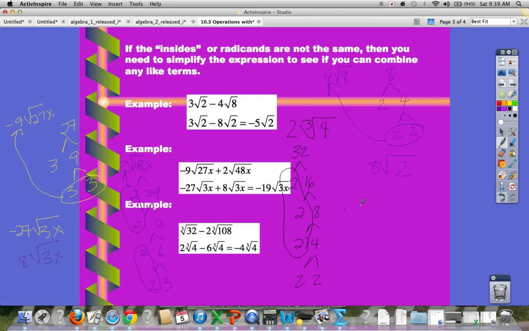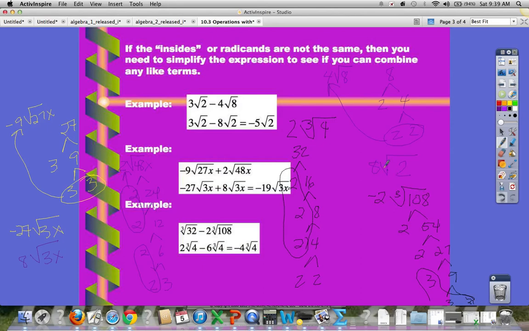All right, let's break down the 108. So that's negative 2 cube roots of 108, which breaks down to 2 and 54, 2 and 27, 3 and 9, and 3 and 3. All right, so we're looking for groups of 3. So I have 1, 2, 3 threes.